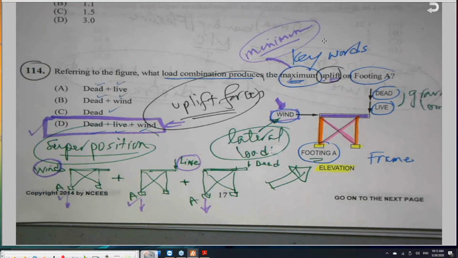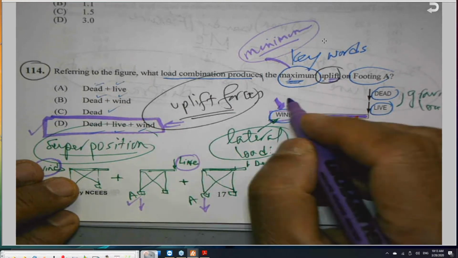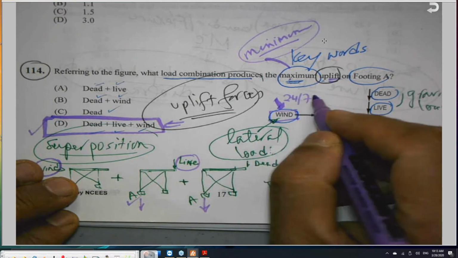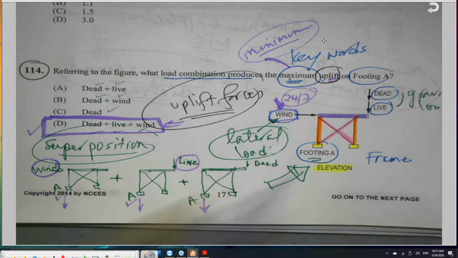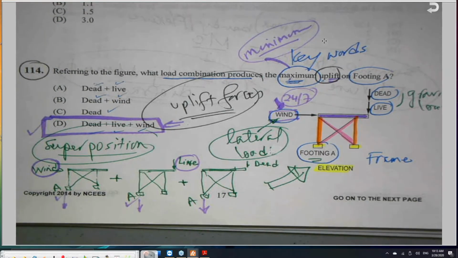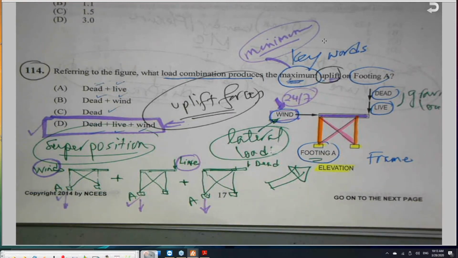Sometimes we have zero. There's no wind at all. So the wind is not 24/7. But when we design a structure located in a zone or an area based on the map, we consider the wind, because the wind could happen one day a year, and I need my structure to be safe. We design for the worst condition.